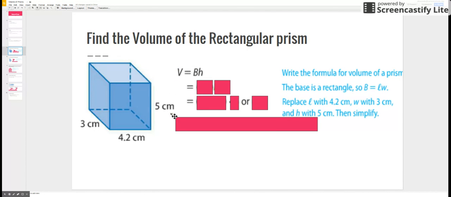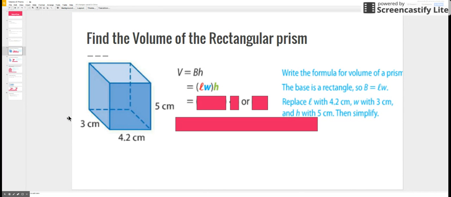If you're finding the area of this base, that's what big B stands for, you would do 3 times 4.2, length times width. So you would have that for the area of the base, and then you would multiply it by your height. So length times width times height.